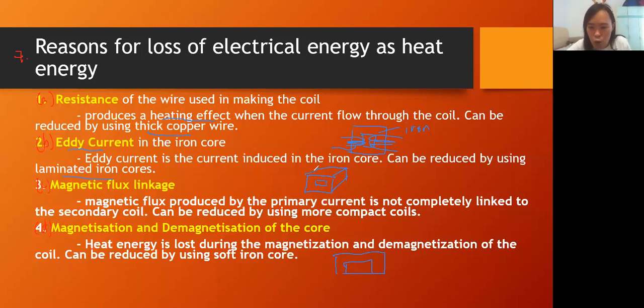Laminating means that you make it like one slice stuck to one slice stuck to one slice. Laminated means one slice sticking to another, making a core like that, instead of using a whole solid part.